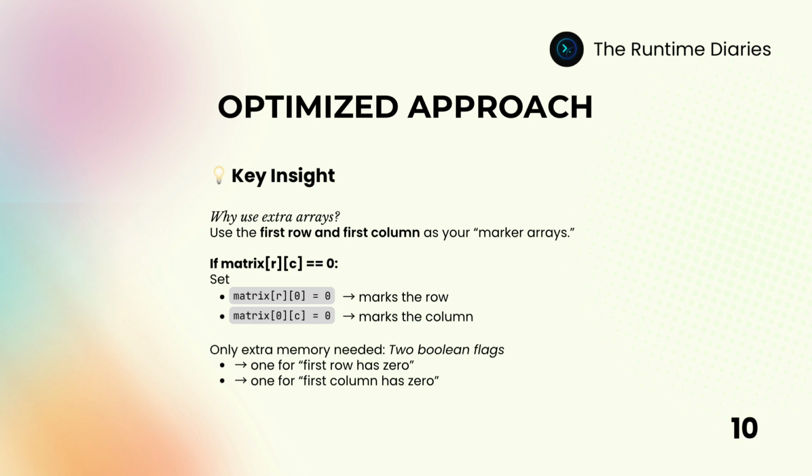These become your markers. The first row and first column now store all the information you need. Since these markers are stored inside the matrix, you do not need extra memory. The only memory that you store are two small booleans to track whether the first row or the first column originally contained a 0. This idea gives you constant space.